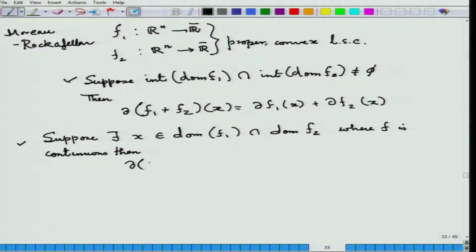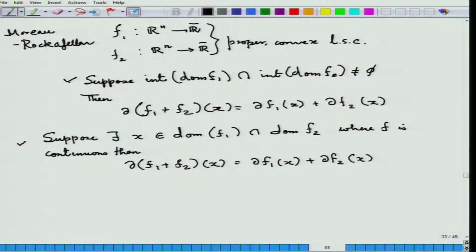Then the subdifferential of F1 plus F2 at x is equal to the subdifferential of F1 at x plus the subdifferential of F2 at x. So, this is again a fabulous result.